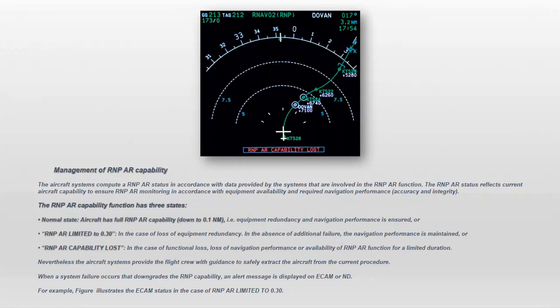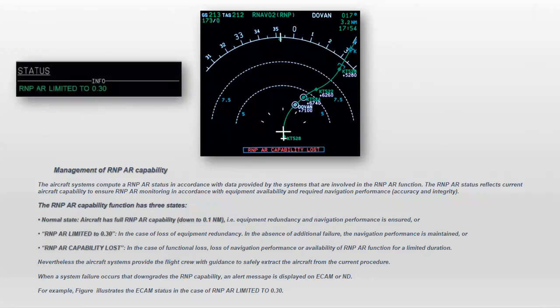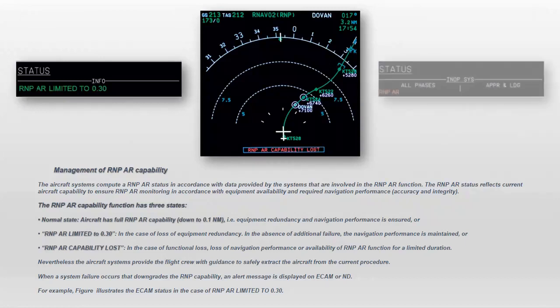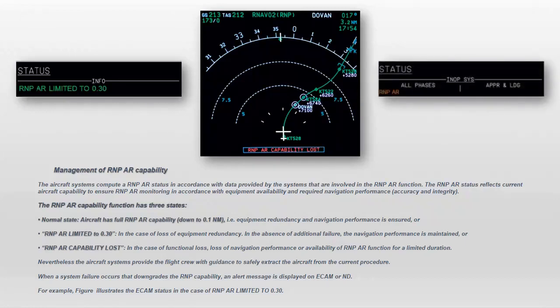That is equipment redundancy and navigation performance is ensured, or RNP-AR limited to 0.30, in the case of loss of equipment redundancy. In the absence of additional failure, the navigation performance is maintained, or RNP-AR capability lost, in the case of functional loss, loss of navigation performance or availability of RNP-AR function for a limited duration.